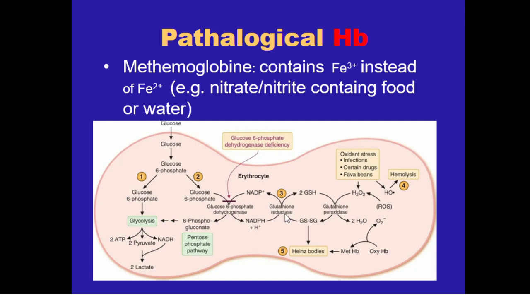The glutathione reductase system for the reduction of glutathione uses NADPH2. NADPH2 is formed in the pentose phosphate pathway, mainly by the action of glucose 6-phosphate dehydrogenase.